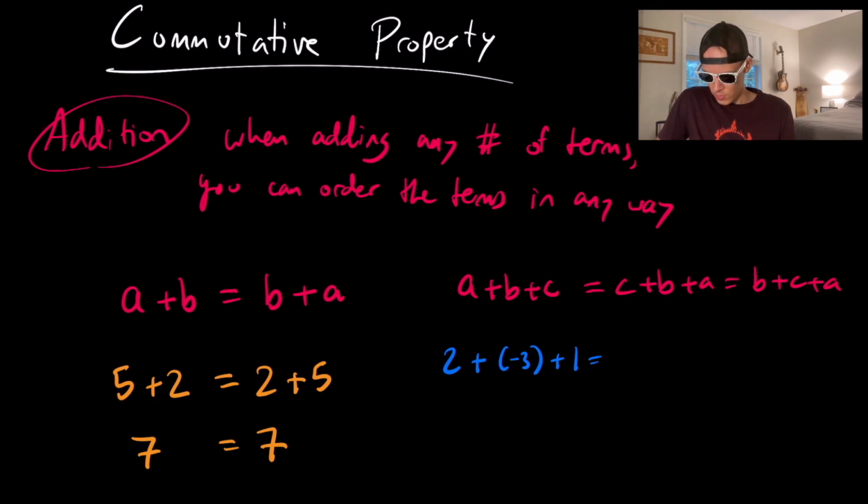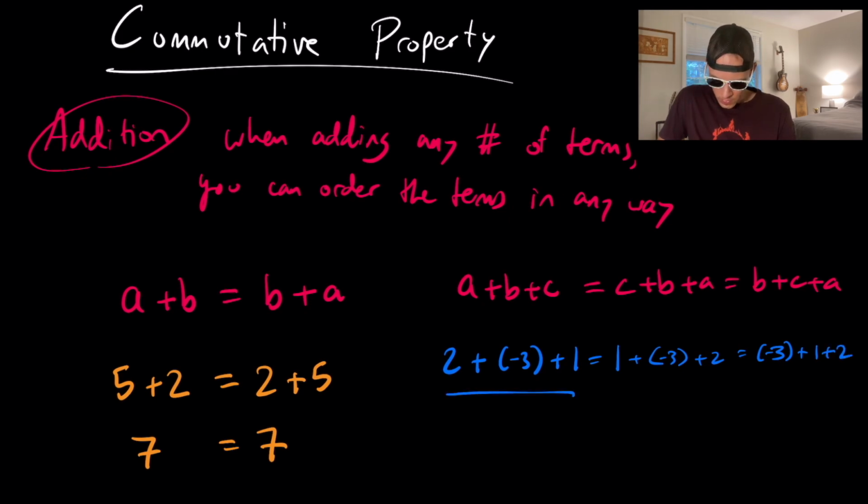And if I were to rearrange that like we did up here, that would be 1 plus negative 3 plus 2. And then if I arrange them in that order, that's going to be negative 3 plus 1 plus 2.